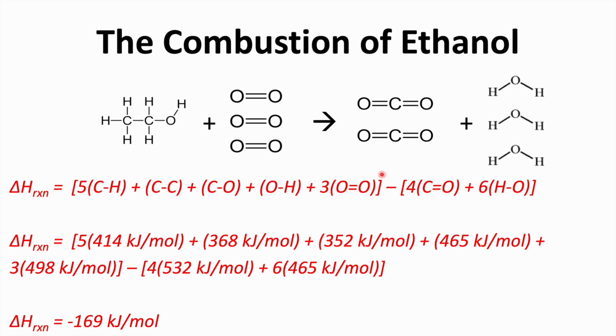And so all of that gets added together, so that's why the brackets are around all that, because this is all of our bonds broken minus, again, all of our bonds formed.